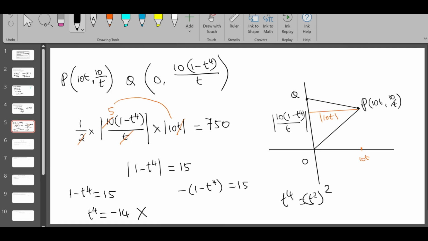Square of anything will always be positive. So that's not possible. Here, minus 1 plus t power 4, the minus 1 goes to the other side, 16. So t will be plus or minus 2. Fourth root of 16 is 2, but you need to put plus or minus 2.